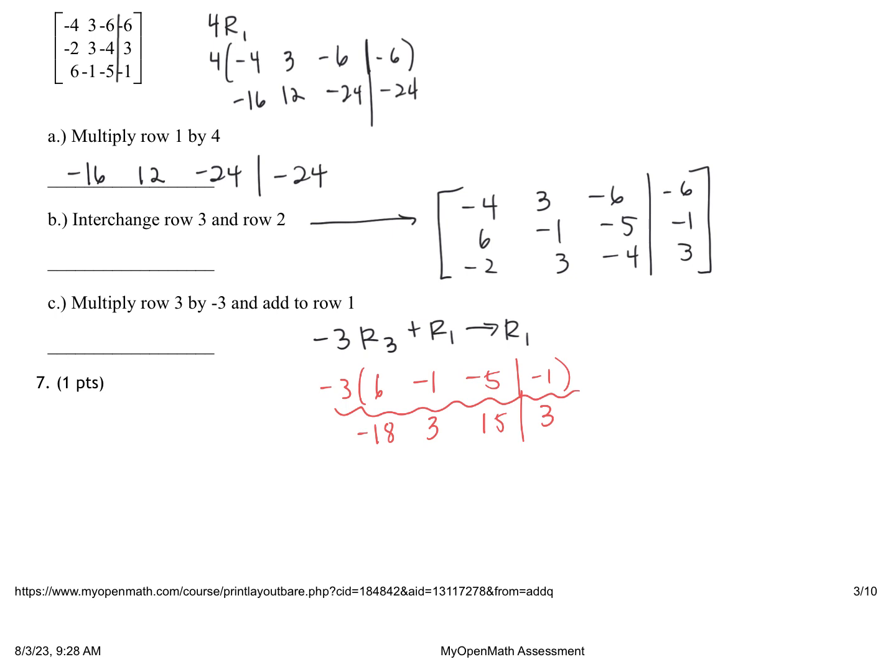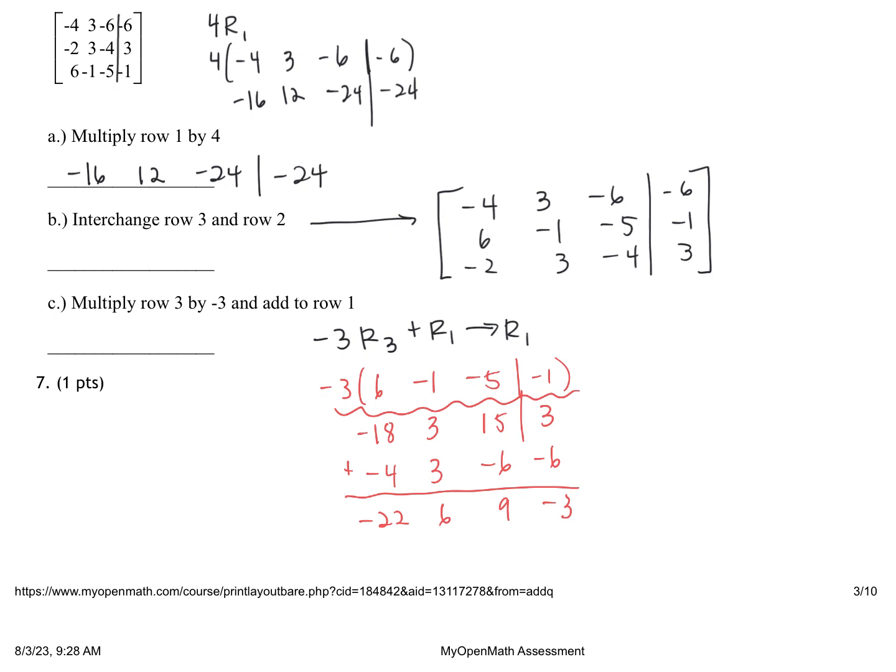Okay, and then I want to add that to row 1. So row 1 is negative 4, 3, negative 6, negative 6. So when I add that, I get negative 22, 6, 9, negative 3. And that will become my new row 1.